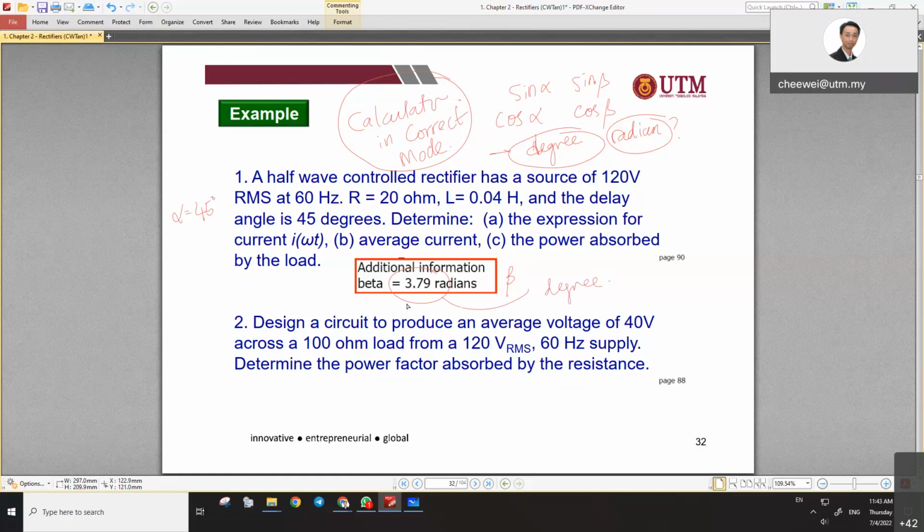How do we change 3.79 radians to degrees? Anyone can help? That is important, how to do it.